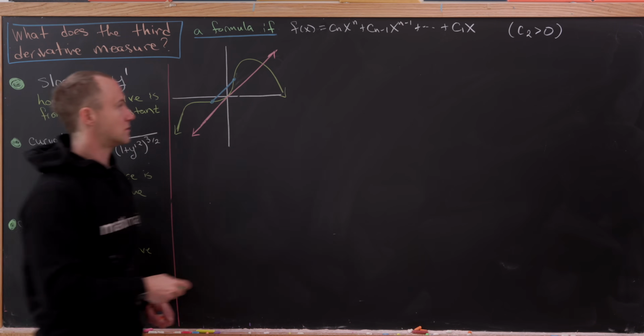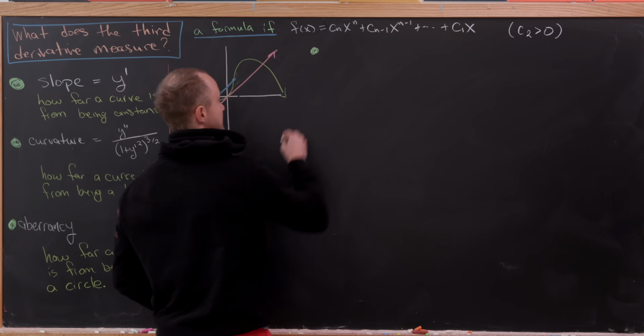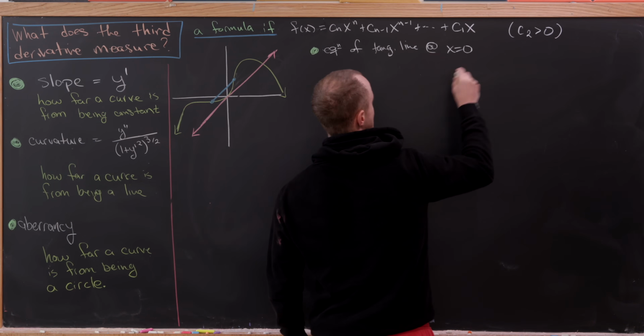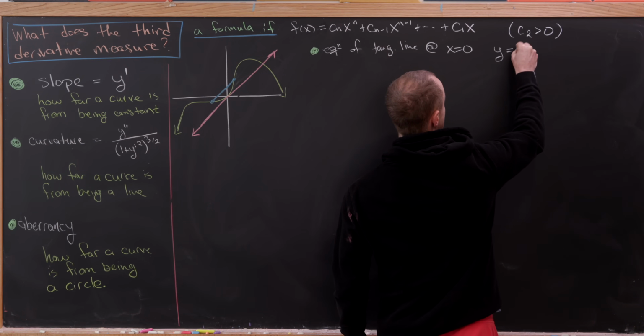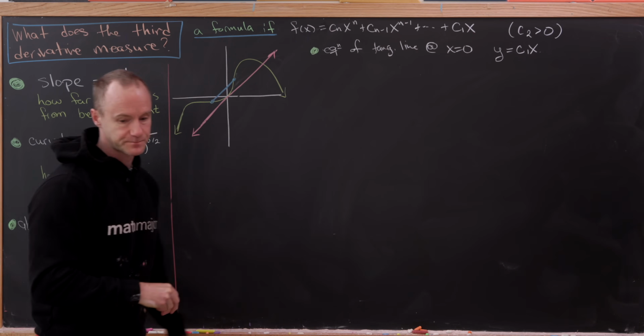Okay, so now let's collect some data over here. Let's observe that the equation of the tangent line at x equals 0 is pretty clearly y equals c_1 x.